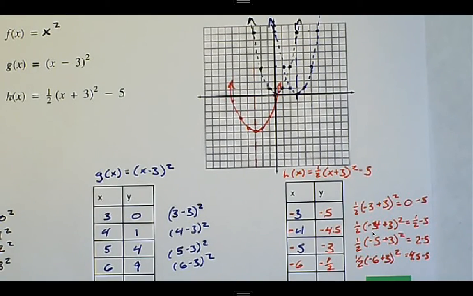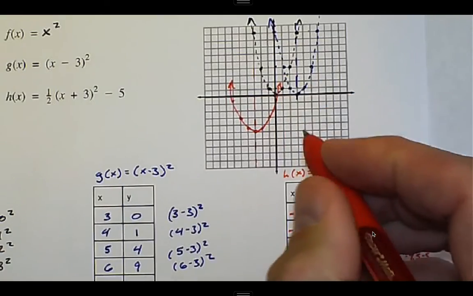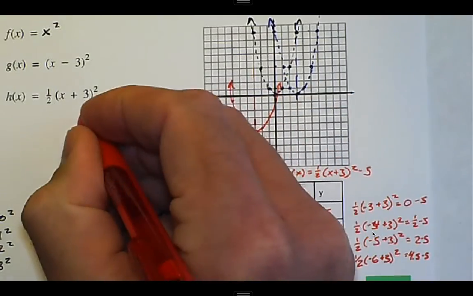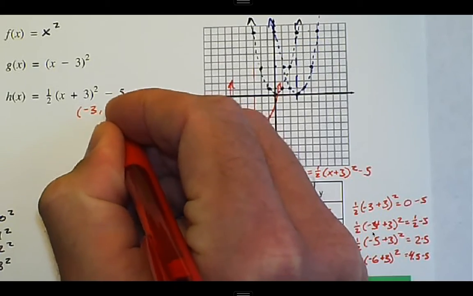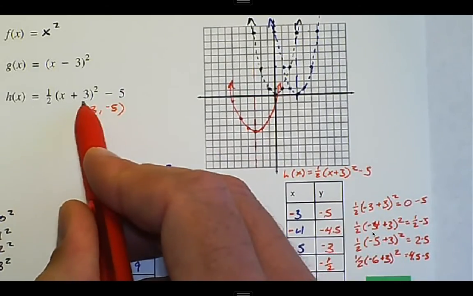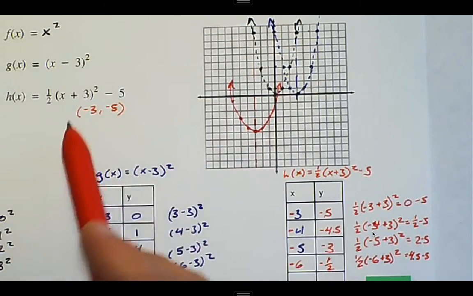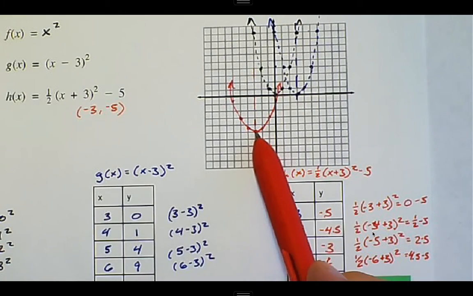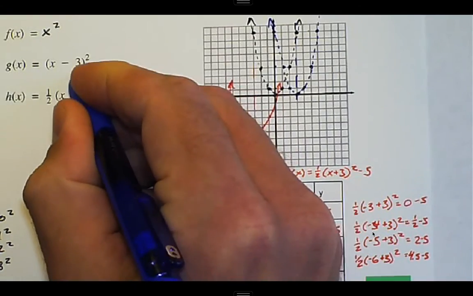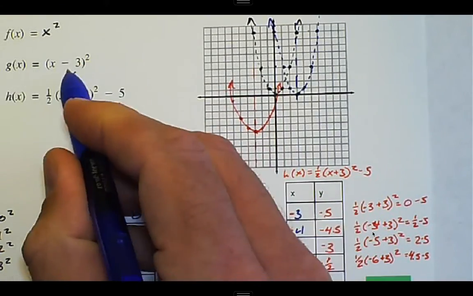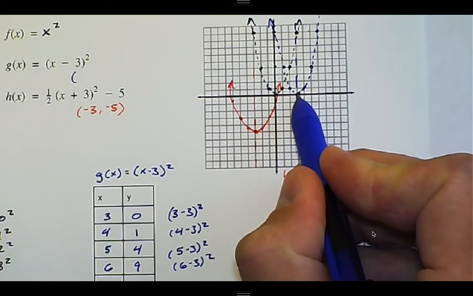If we notice before we go there, the vertex here is -3, -5. Remember, the h is backwards, so even though it says +3, when we graph it, it becomes -3. So -3, -5. The vertex of this one was 3, 0, right?